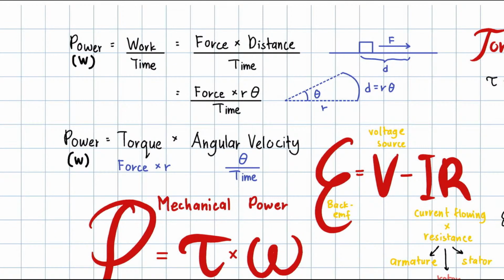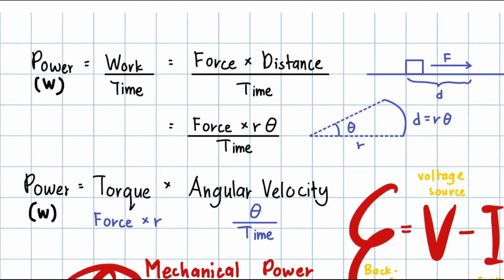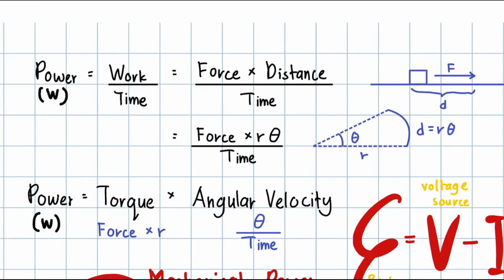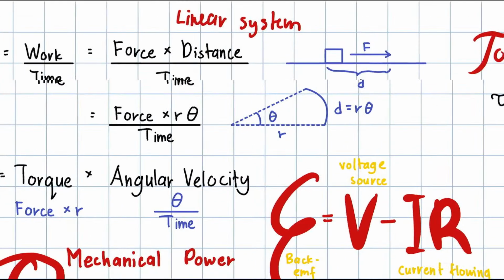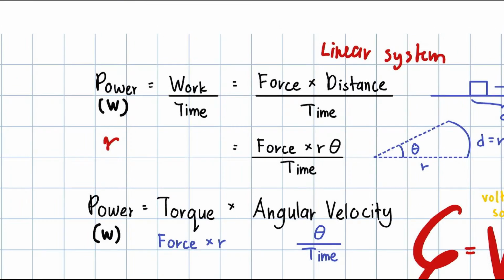Okay, so in the motor, this is what we call a linear system. And then we will talk about the rotational system.